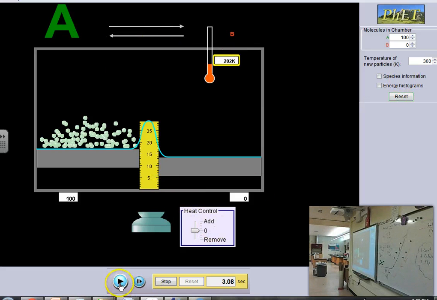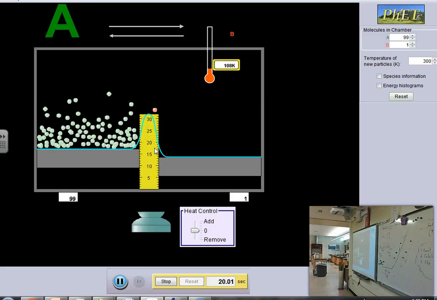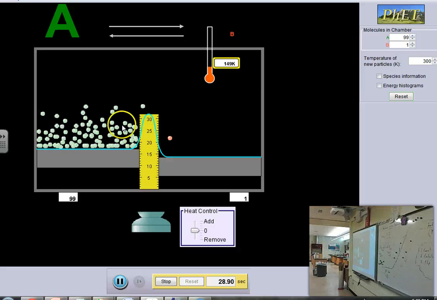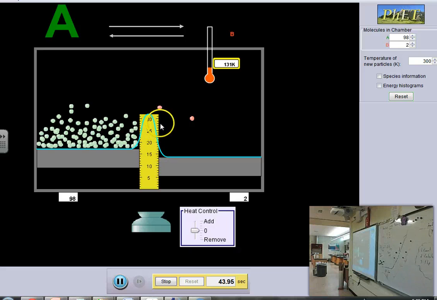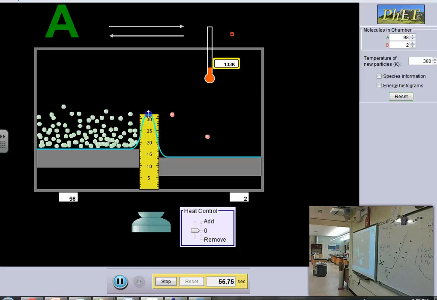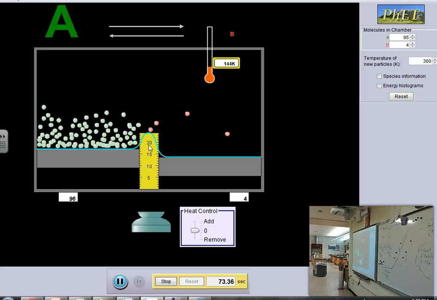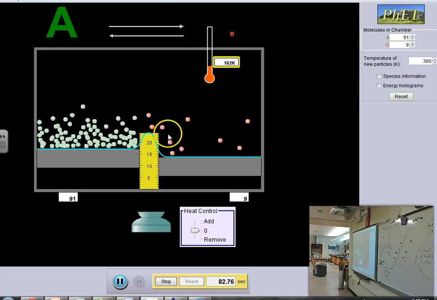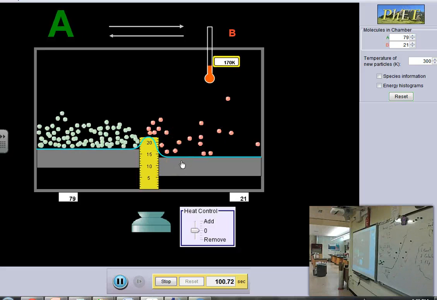So just to start us off here, notice if I bring this up, this is my activation energy. The rate of A going to B is super, super slow. So if we thought about how a catalyst works, this is a great way to visualize it. A catalyst works by lowering this speed bump, and now you can see A to B is happening much quicker. So that was the idea of a catalyst.